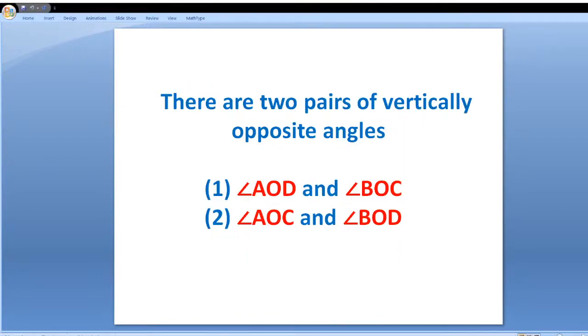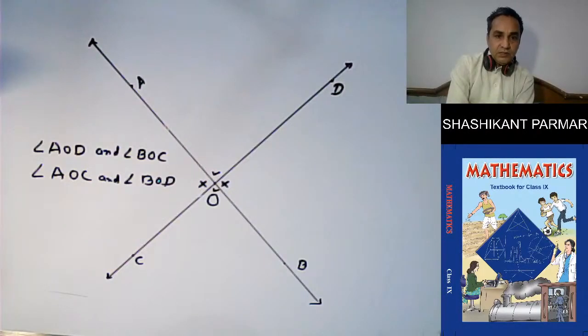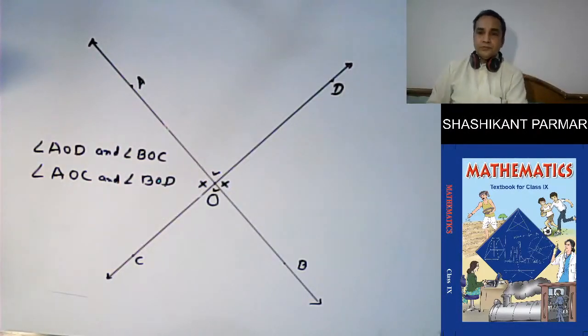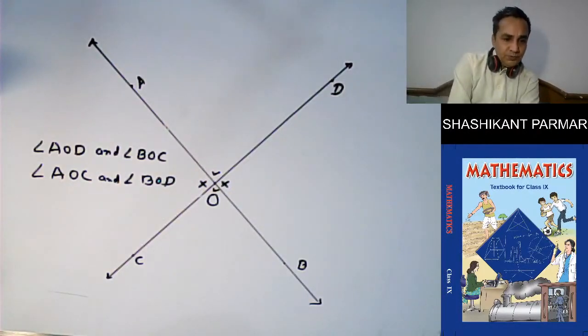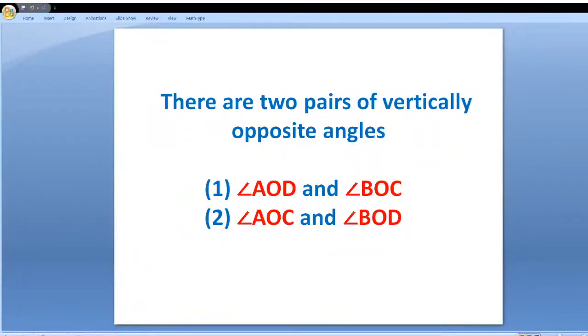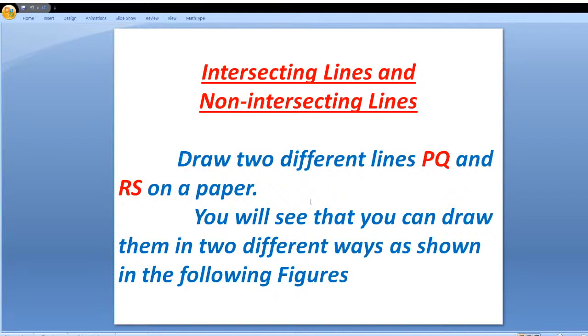So the pairs of vertically opposite angles are AOD, BOC and AOC, BOD.